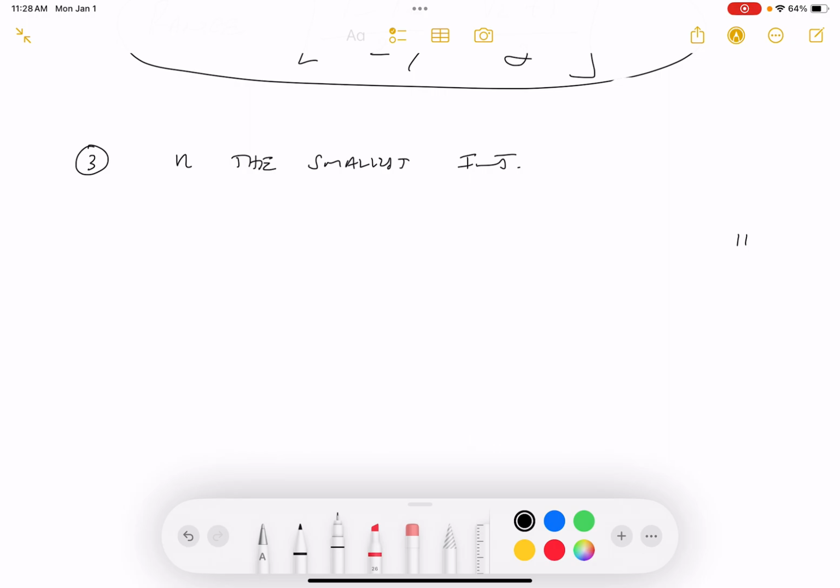Well, let's think about that. The smallest number that could produce that would be what? Well, the digits would have to be numbers like 0, 1, 2, 3. The smallest possible number that could produce that would be 29.